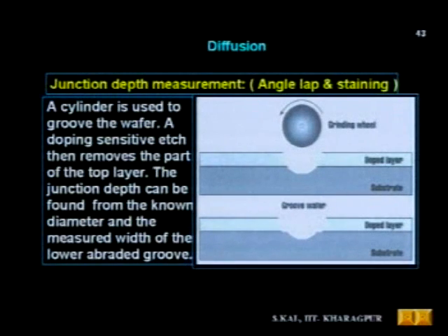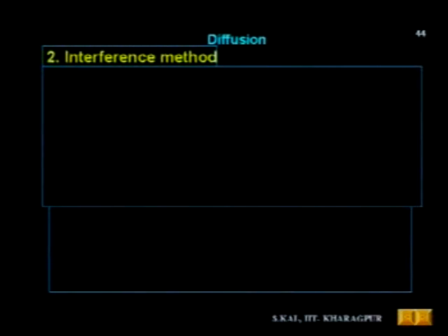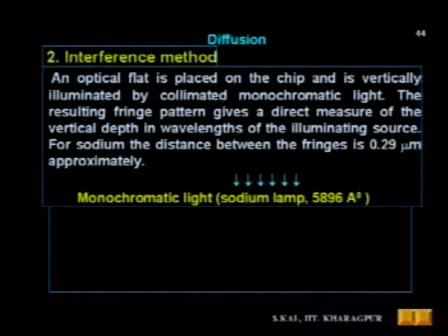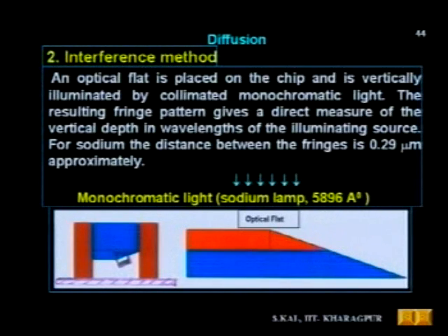Okay, after getting the idea of the junction depth, which is xj, then we will see the resistivity value or sheet resistance. Before going to the sheet resistance measurement, I will discuss another technique, the interference method, which is Tolanski's method. Here, in the lapped silicon, we don't stain it; in this portion we never put any staining solution.